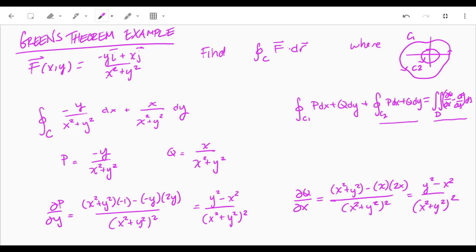It doesn't matter because dQ/dx minus dP/dy is 0. We already figured out that since dP/dy equals dQ/dx, this is 0. Which means that the integral we're looking for is just going to be the opposite of an integral that we're pretty confident we can find.